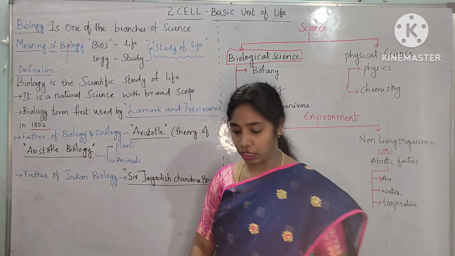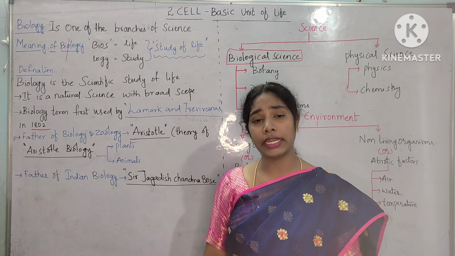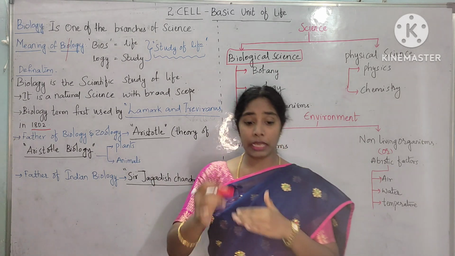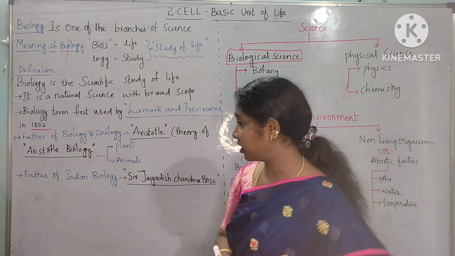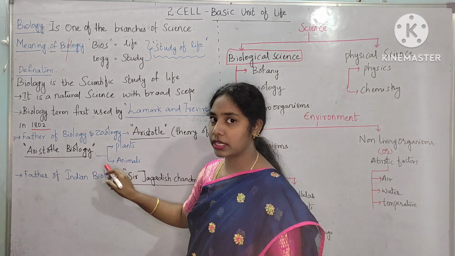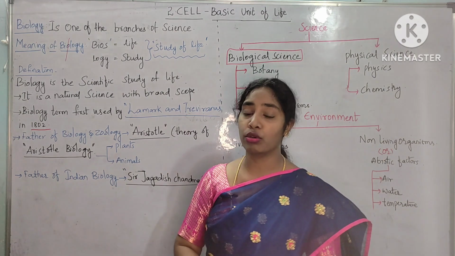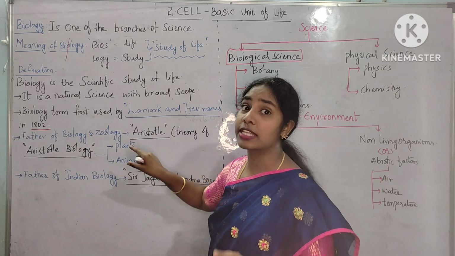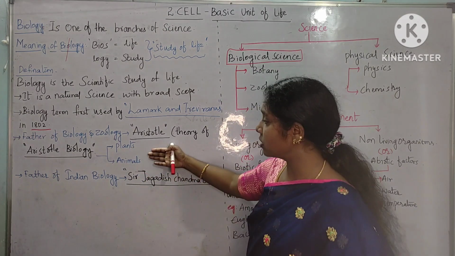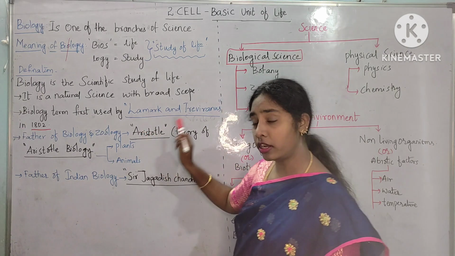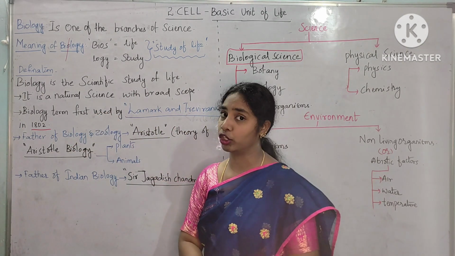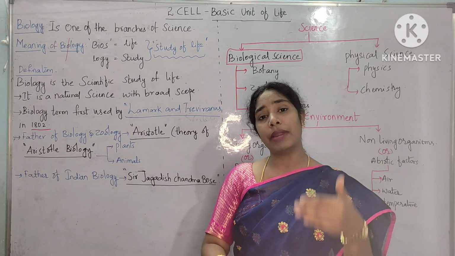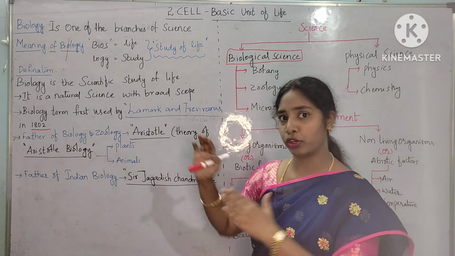In it, by seeing the external morphological structure, he made a classification into plants and animals, which we can call Plantae and Animalia. This is the first classification made by Aristotle, so he is considered the father of biology and zoology, as he made contributions to these branches. Up to here it's very fine.